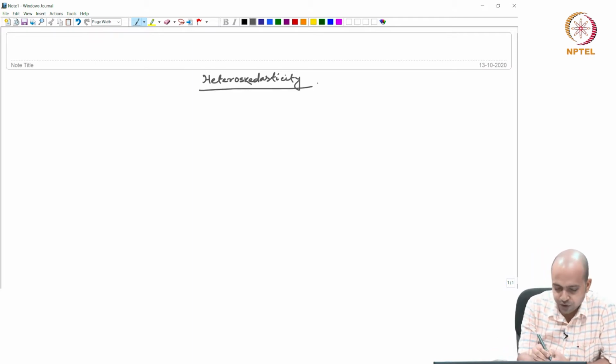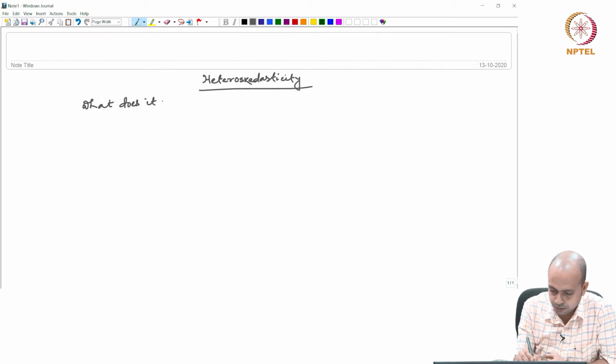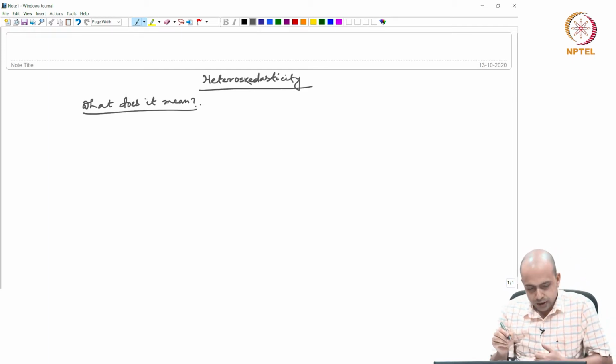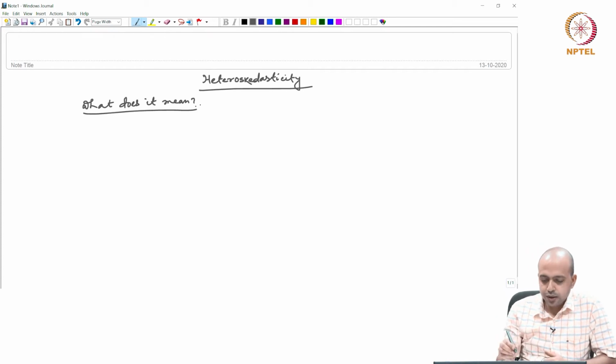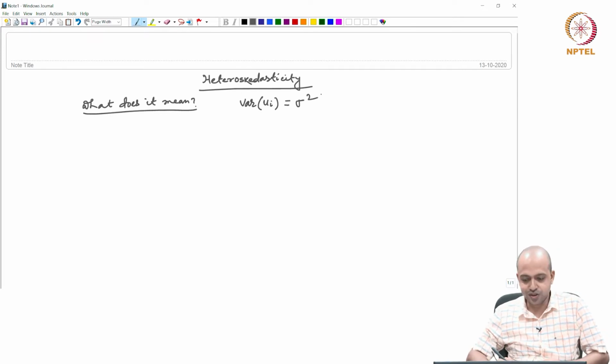What does it mean? So, let us try to understand what heteroscedasticity means. Basically, heteroscedasticity means that the error variance of ui, if you recall, variance of ui, we assume that is constant.